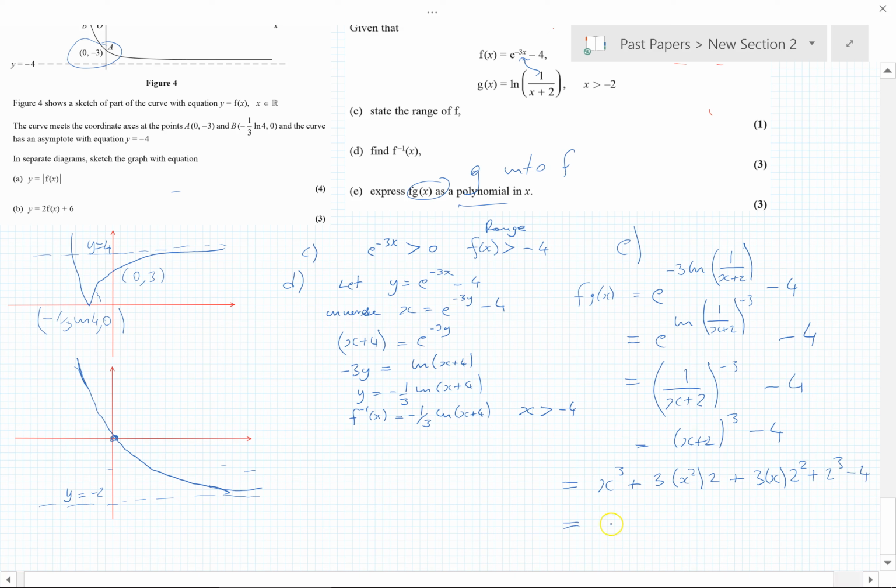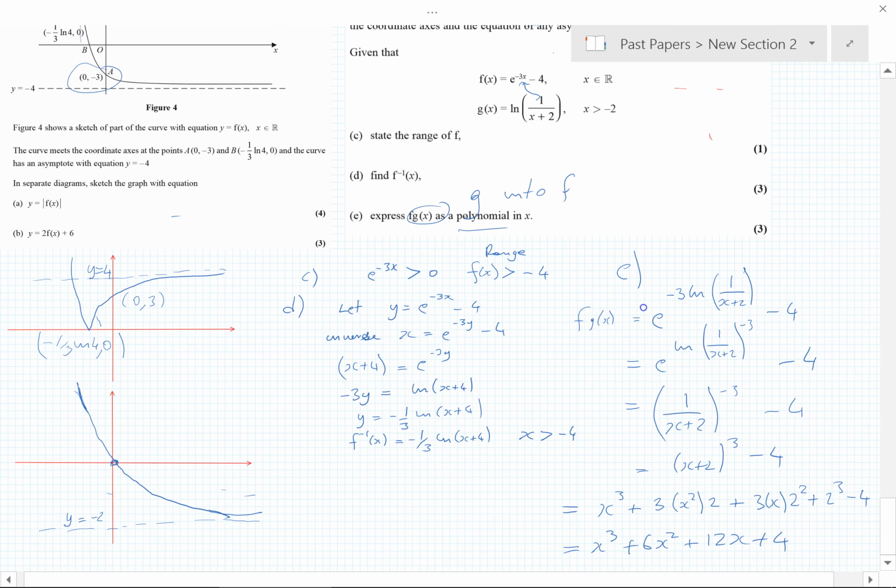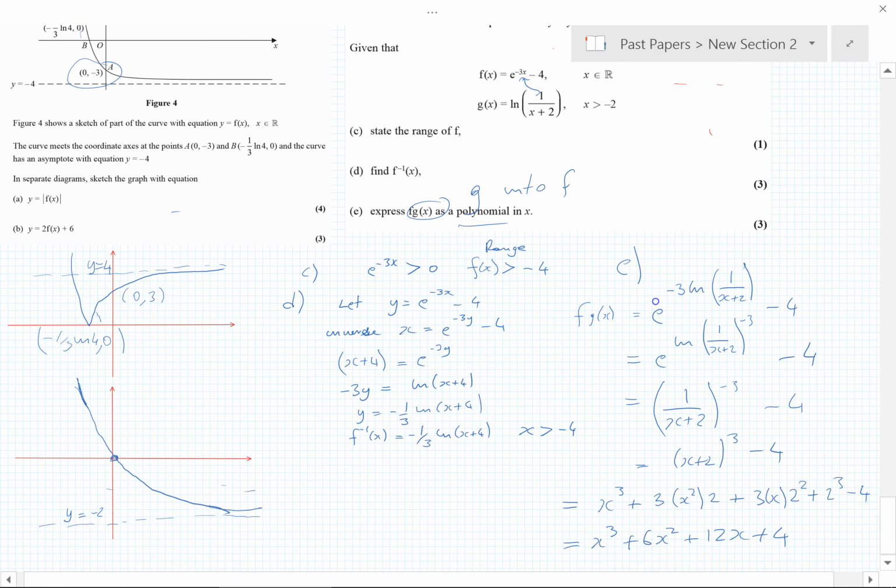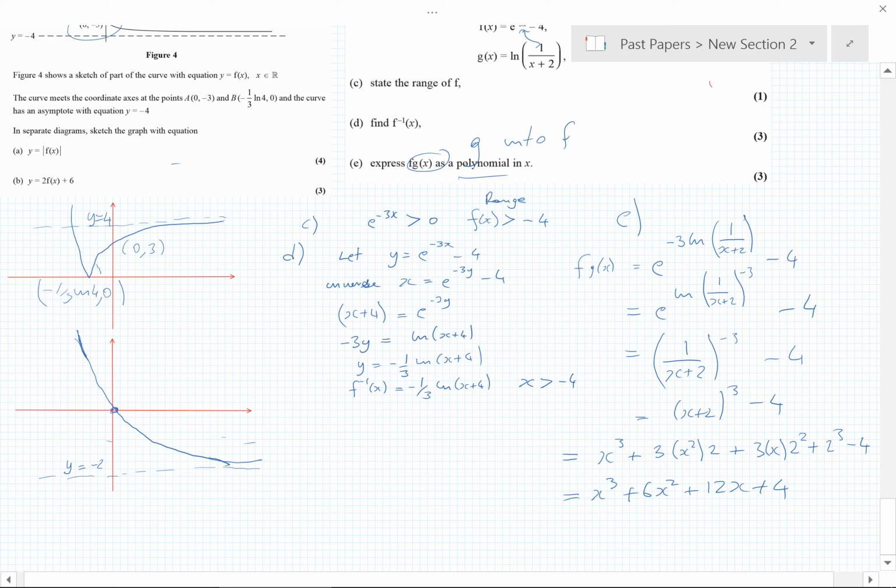So that comes to x cubed plus 6x squared plus 12x plus 4. Okay, not too bad that question. A lot of marks available. We've got 7, 10, 13, 14 marks and not that long, so it's not too bad. Let's see whether the same goes for the next question.